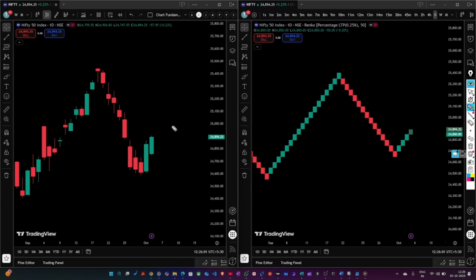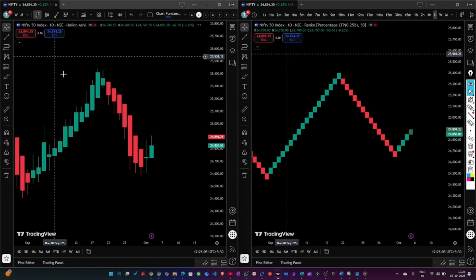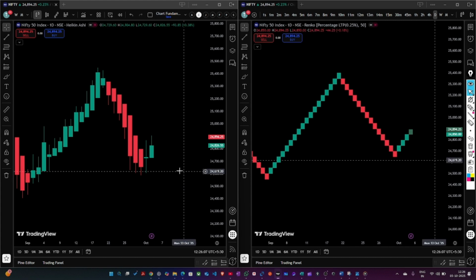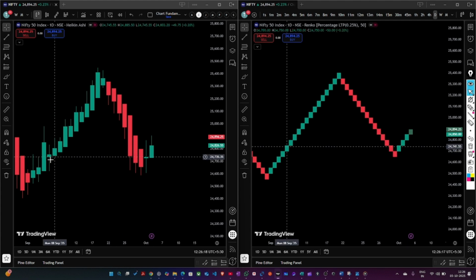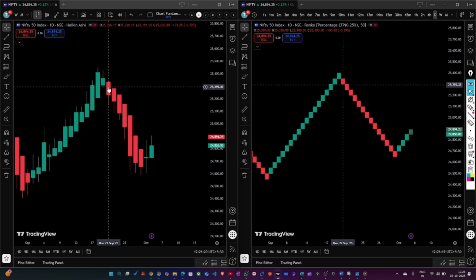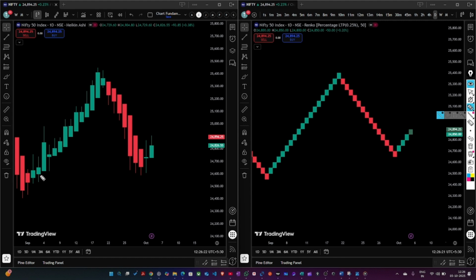If we look at the second type of chart that we learned, which is Heikin Ashi charts, Heikin Ashi charts are better at identifying trends than candlestick charts, but they also have one con, which is that these are not real values. While they show us the trend, these are not real prices that have been quoted.